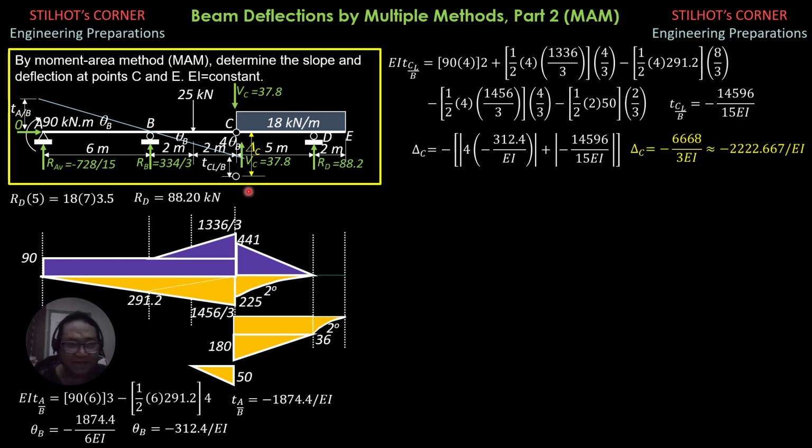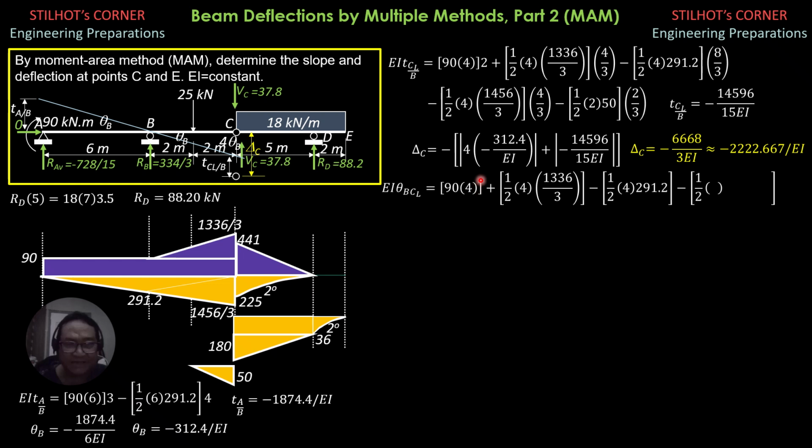Next we draw a line through this final position to B, and from the reference tangent at B to that line there, it is clockwise. Clockwise rotation is negative. So EI theta BC left is equal to the area of the moment diagram between B and C. So we just copy this value here and we remove the moment arms.